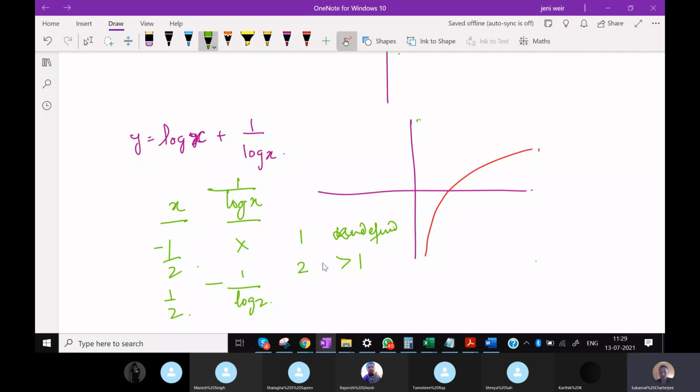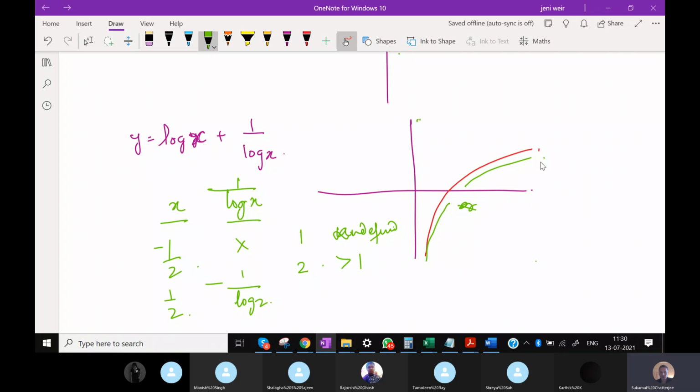So that means for all values of x which is greater than 1, the value of 1 by log x will be positive. And for all values of x lying between 0 and 1, the value of 1 by log x will be negative. So that means 1 by log x will be a function like this, right?